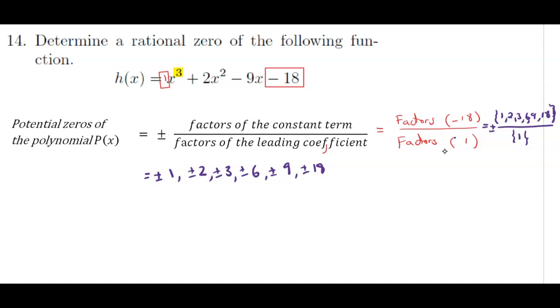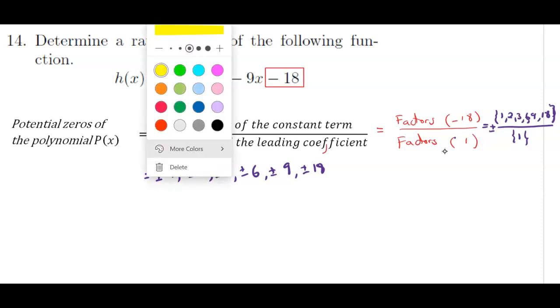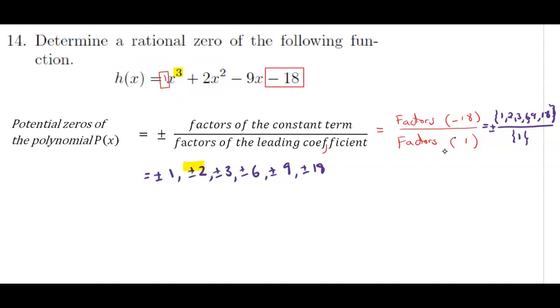Now I'm going to make a shortcut. I know one of them, which is minus 2. So I'm going to plug in minus 2 into the equation right away and verify it is a 0. So h of minus 2 is minus 2 cubed plus 2 times minus 2 squared minus 9 times minus 2 minus 18.